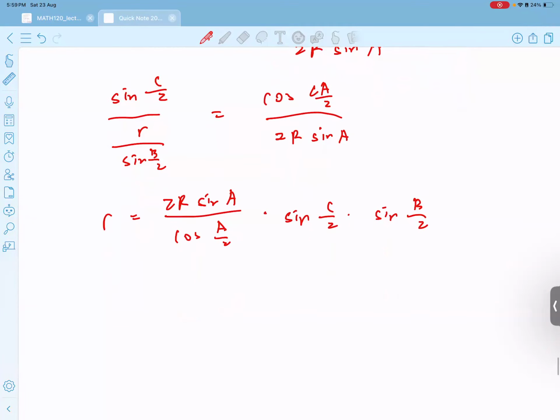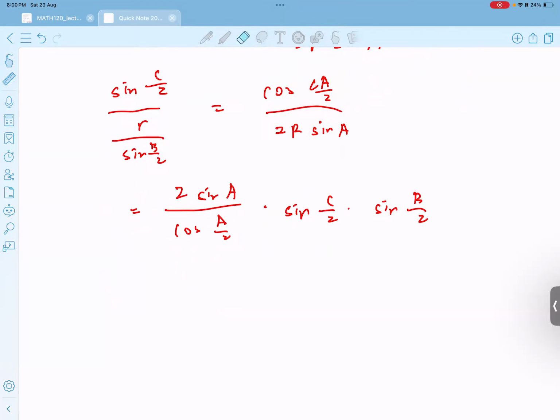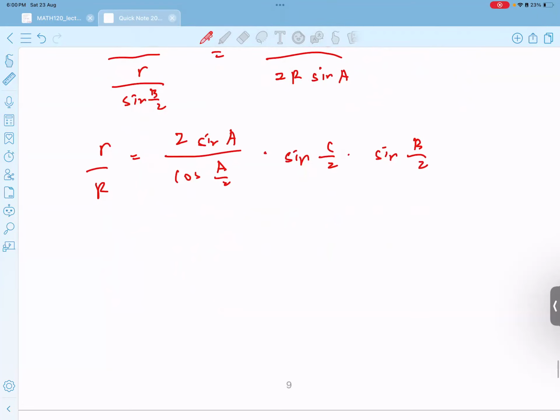And let's put the r here as well. Oh, and then you use the double angle. Ah, okay. By the double angle formula, you'll have 4 cosine, sine B over 2. Yeah, we got there.